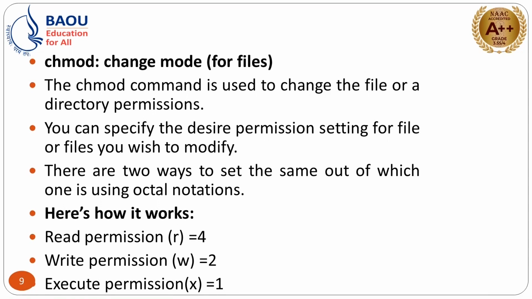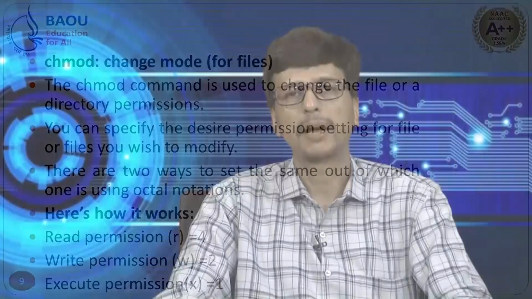In the same way, 2 is for write permission. So 2 is the octal number. What is the equivalent binary for that 2? You may already be aware that 0, 1, 0 is the equivalent binary for that octal number. Now these are the 3 digits 0, 1, 0. The first digit 0 means read permission is not assigned.